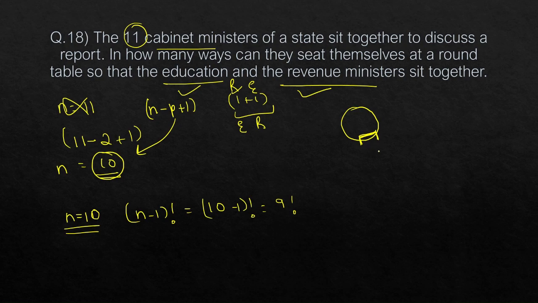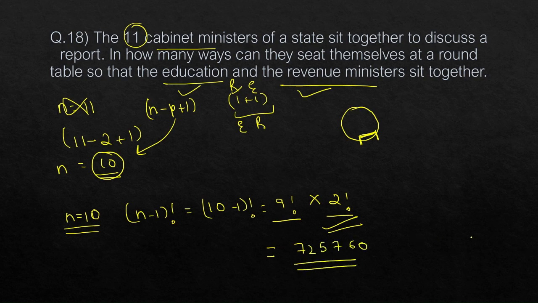So we'll multiply this with 2 factorial, because the ways of arranging the education and the revenue ministers within this element will be 2 factorial. And the normal total number of ways of arranging will be 9 factorial. So the answer will come by this, which will be equal to 725,760. Thank you everyone.